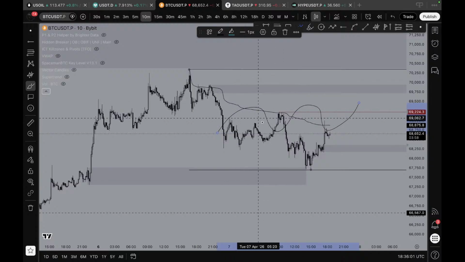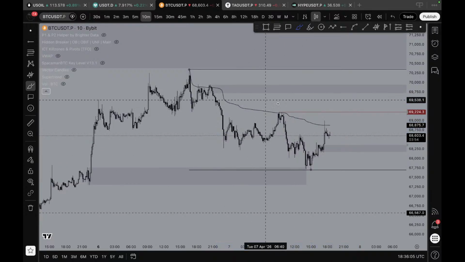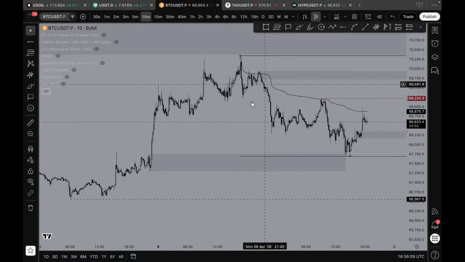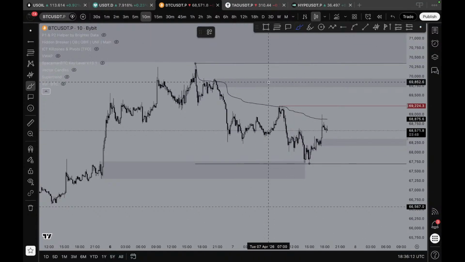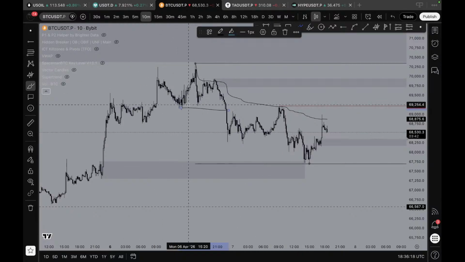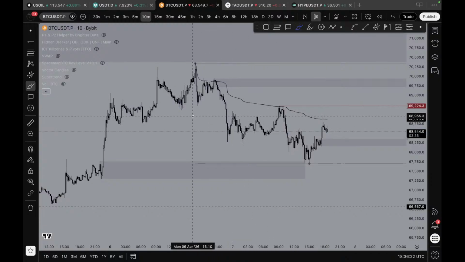Then here you will see a lot of flip-flops from bullish market structure to bearish market structure. So it's important to note that you are in a range. A good indication that you are in a range is if your structure flips, for example, to bearish, and then afterwards flips back to bullish. If it flip-flops, then you know, okay, likely I'm in a range.